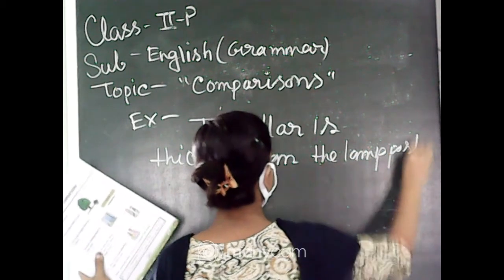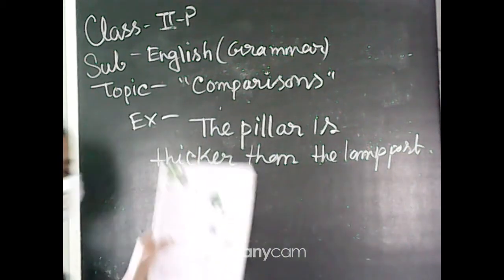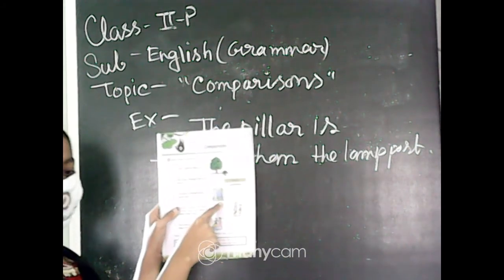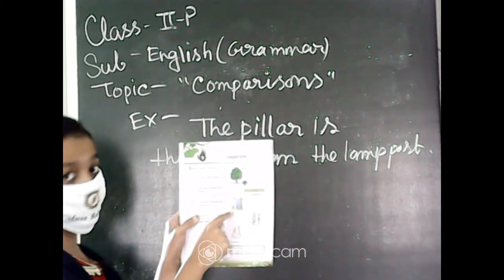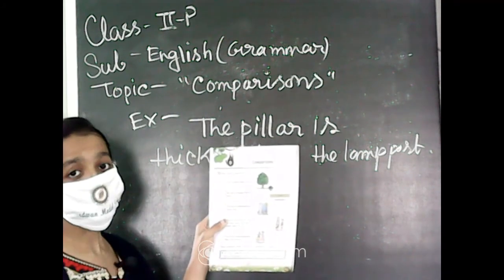So in this picture also we can see that the pillar is thicker than the lamp post. In size the pillar is thick and the lamp post is thin.